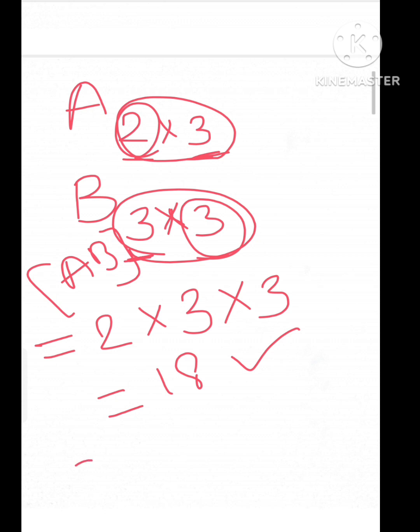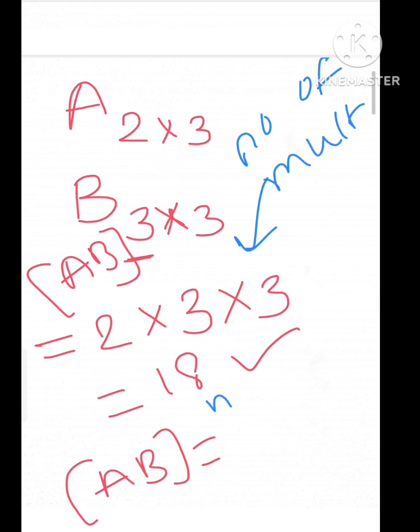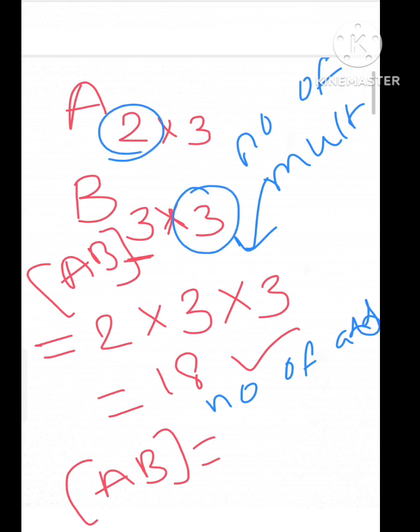If they ask the number of additions present in the A and B product, the formula is the number of rows in the first matrix, the number of columns in the second matrix, into the common dimension 3 minus 1, that is 2.